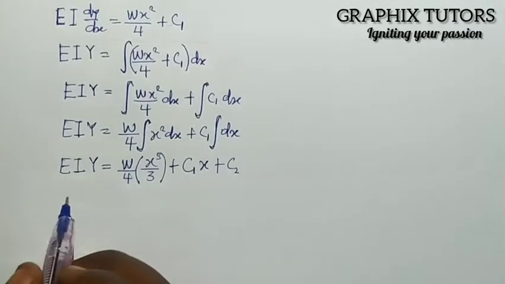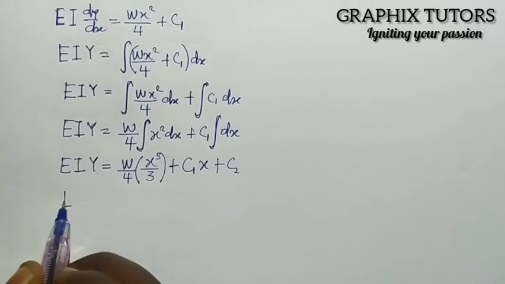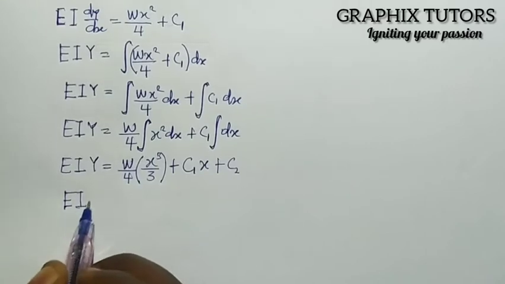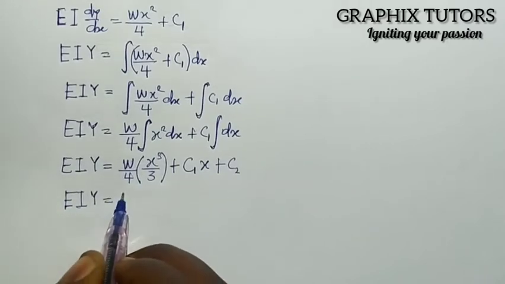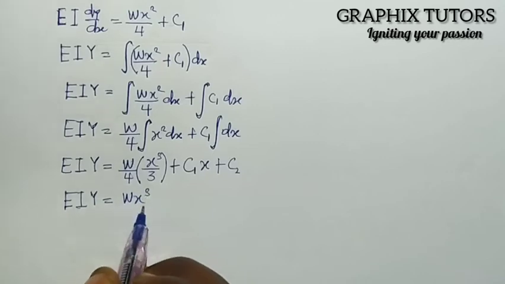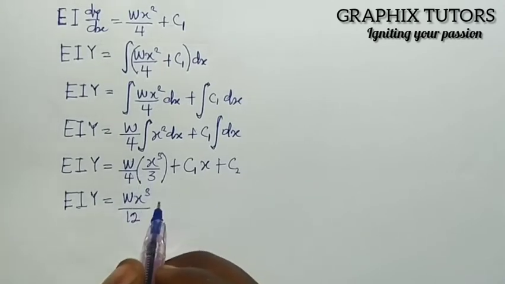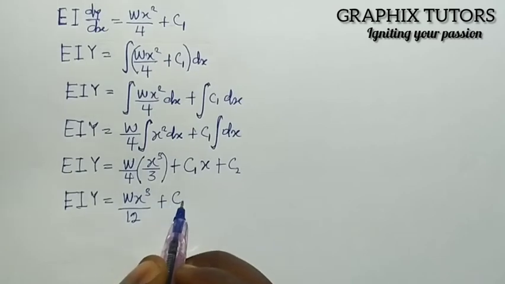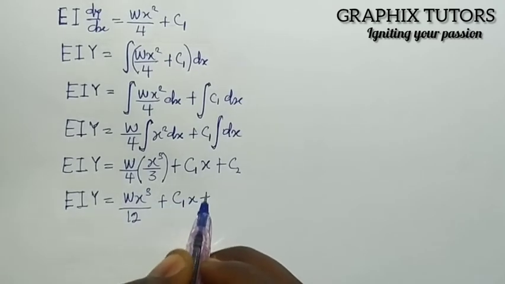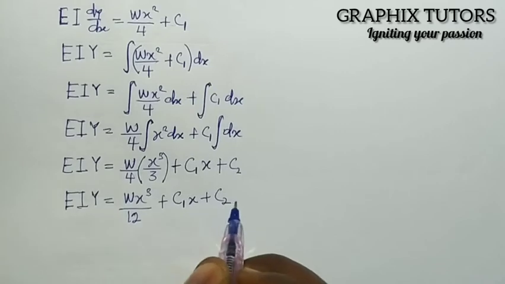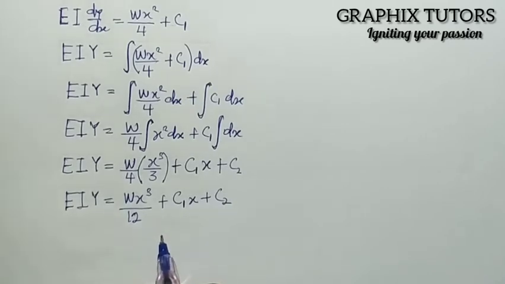So this will give me EI y equals to wx cubed all over 12 plus c1x plus c2.